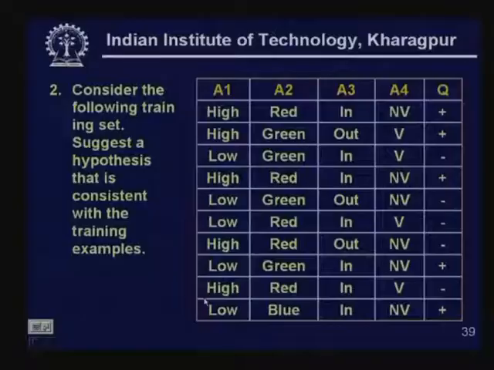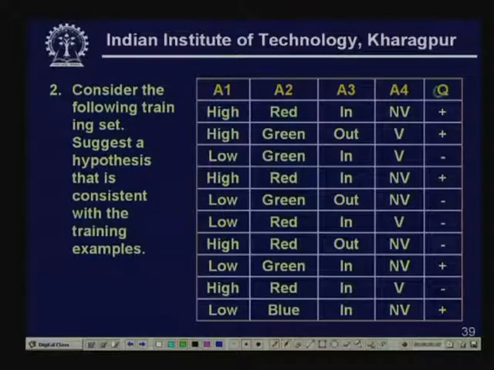Question number 2, again we are giving you another training set. Now, this training set is slightly more complicated. We have again 4 attributes: A1, A2, A3, A4, and we have a target concept Q. Again for these training examples you must try to figure out different hypotheses and propose one hypothesis which is a possible good hypothesis, consistent with all the training examples.